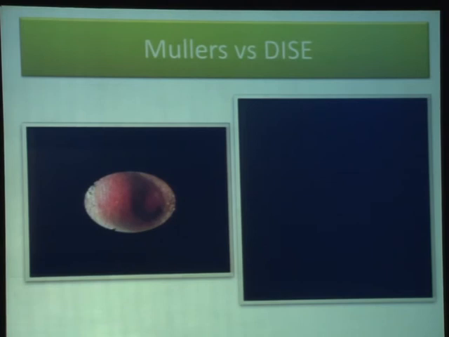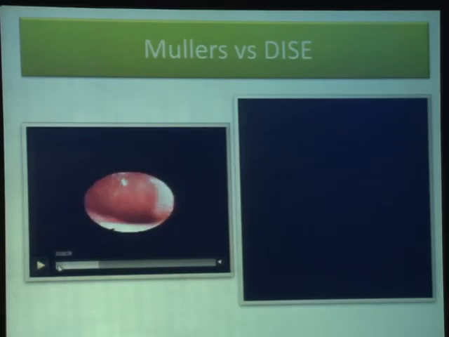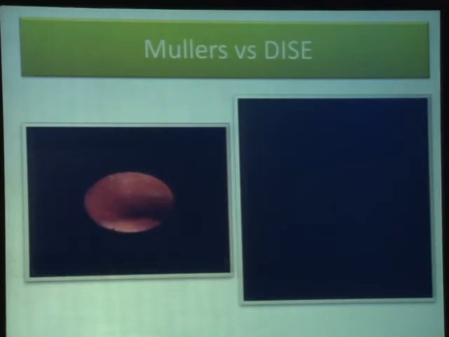And I have an interesting slide here, wherein for the same patient, I have compared modified Muller's and what I have found is as long as you're in the upper level, retropalatal level or upper velum level, things are fine.